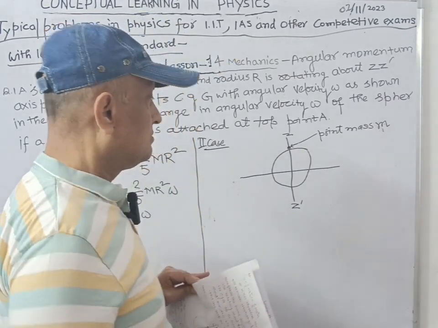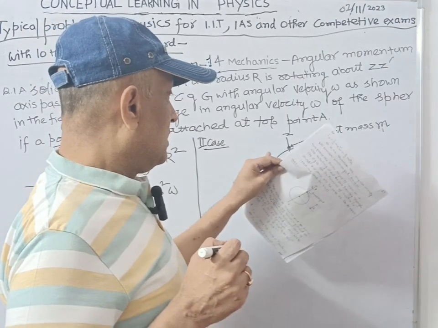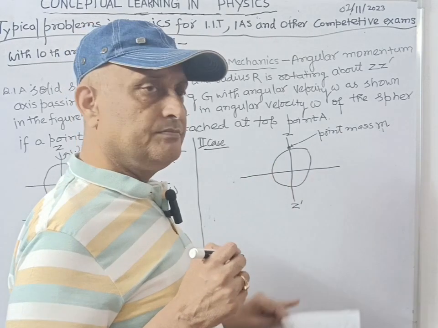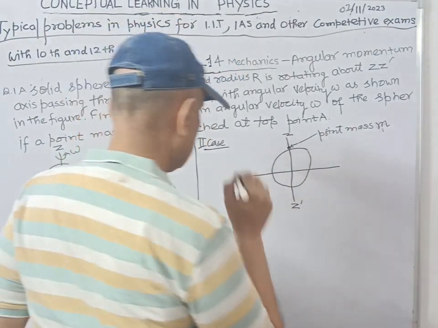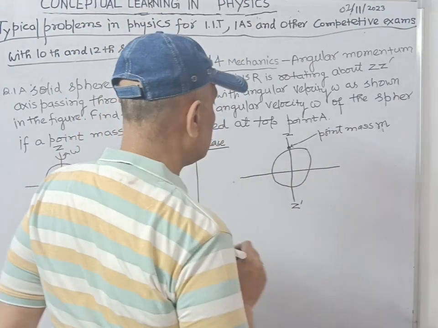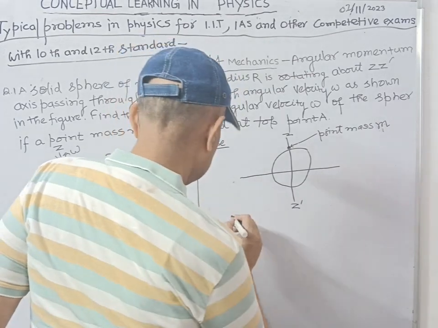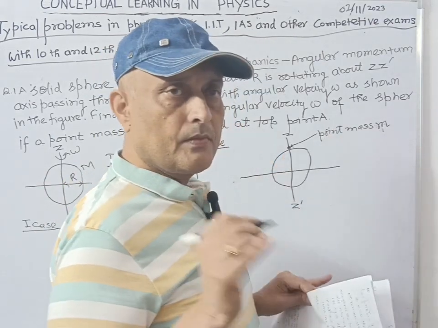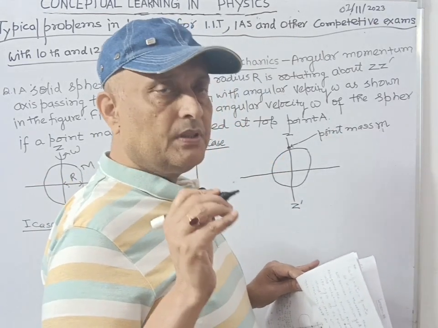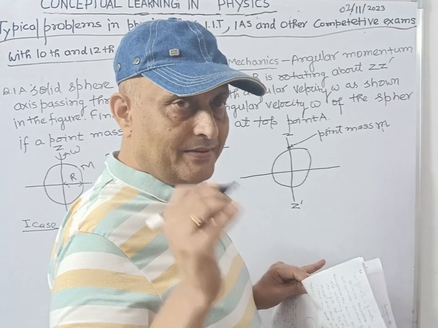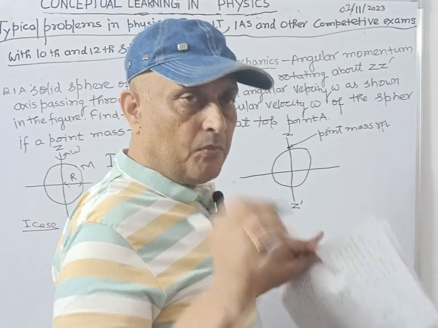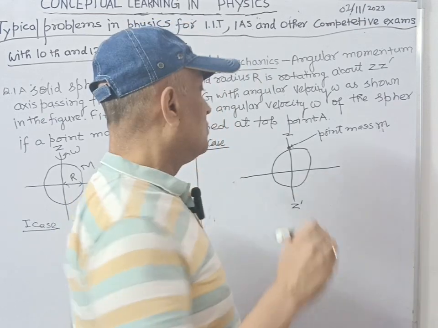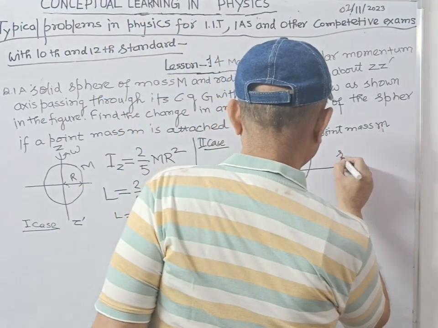And the distance d between the axis of rotation and z' axis, for both the point mass and the sphere, is 0. So d equals 0.